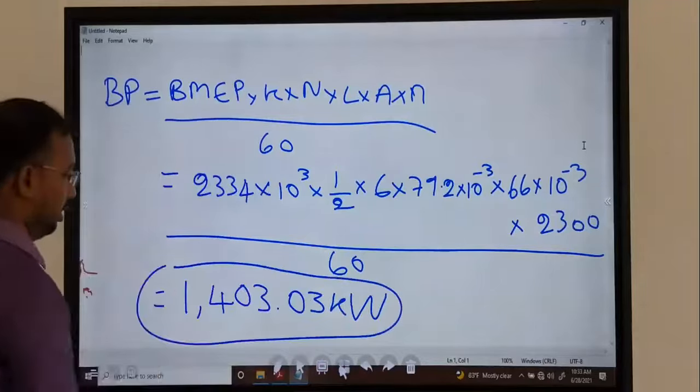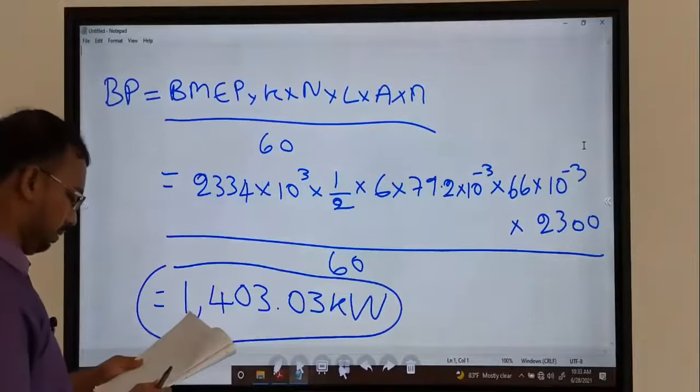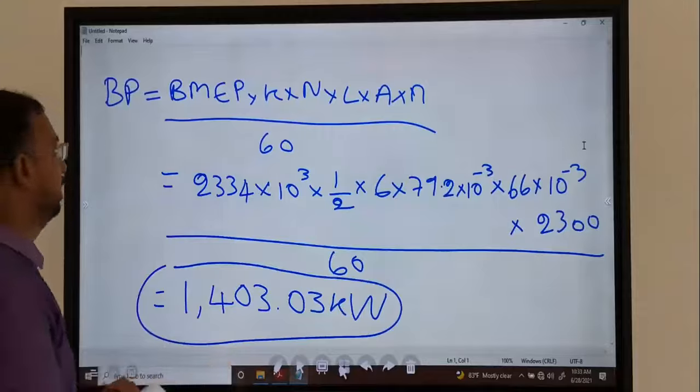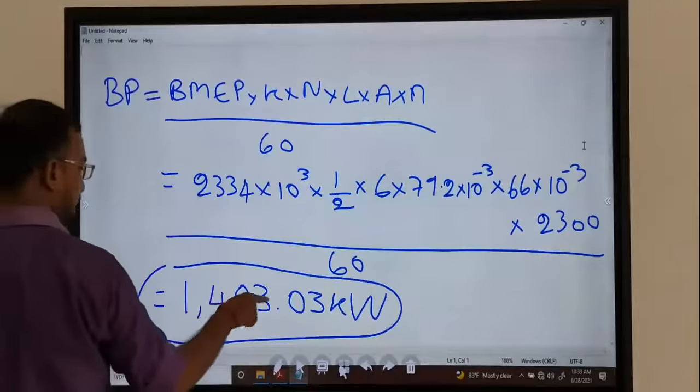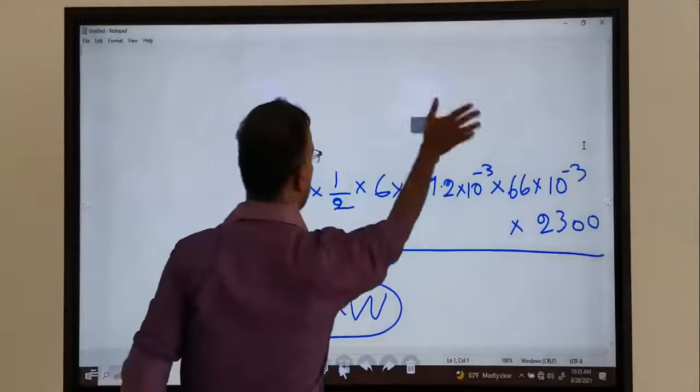This is the answer, 1403. This is the brake power. Remember this answer, we can use it in the next question.